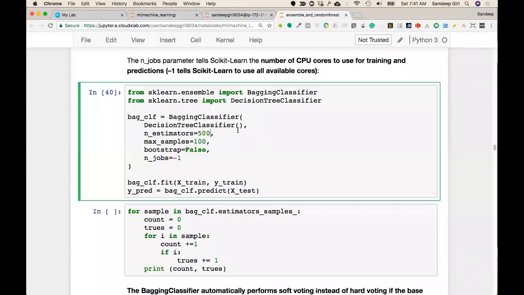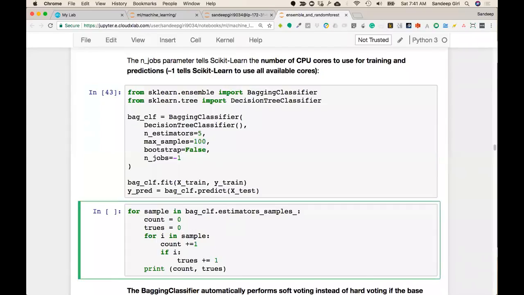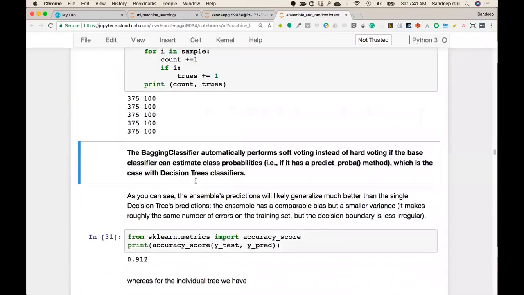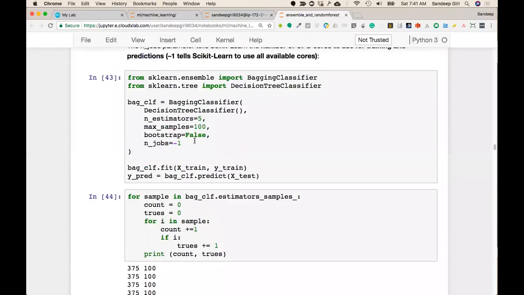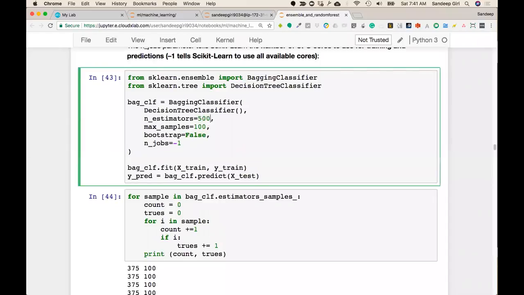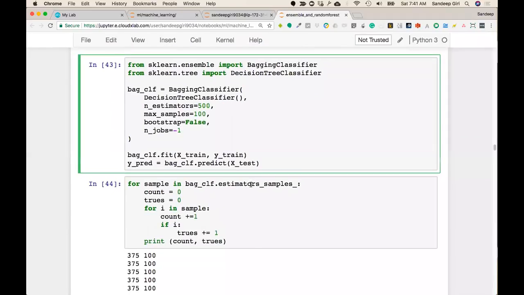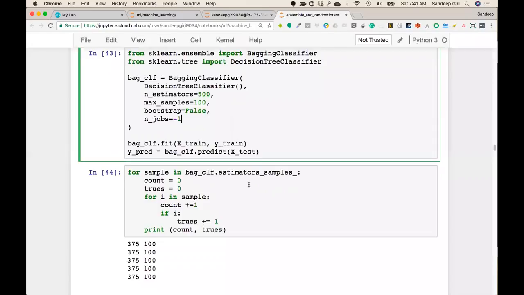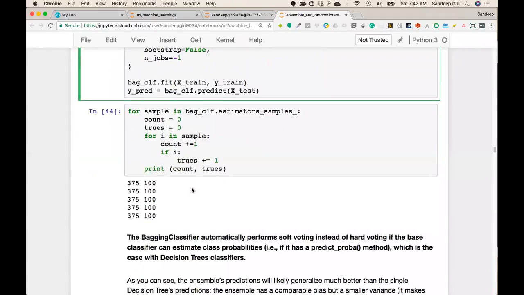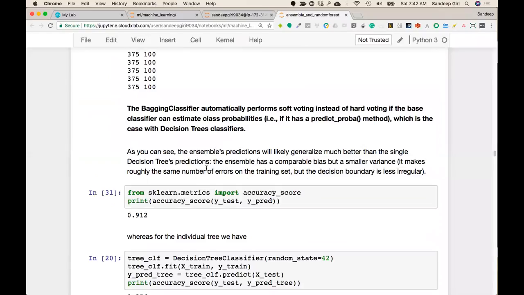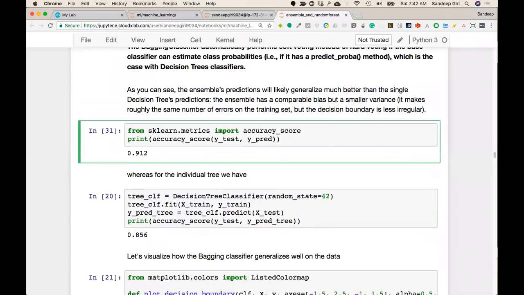Even if, let's say, we have 5 estimators, and we are saying bootstrap equals false, we're still picking up 500, still picking all 100. We'll see why it is happening so. Is there any other way to force it? Never mind, we'll take a look at the way it is implemented and I'll give an answer.